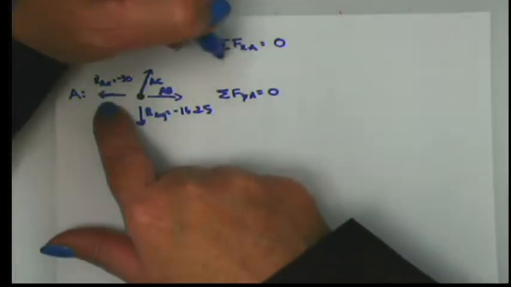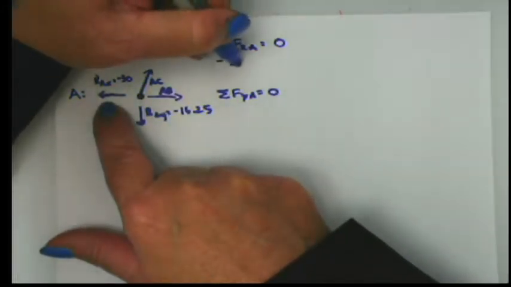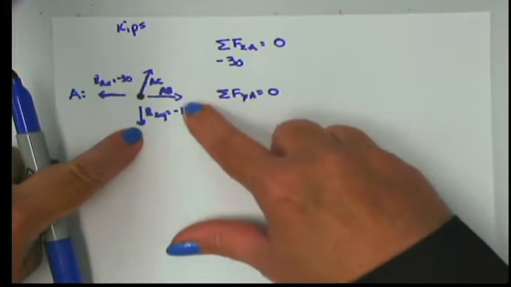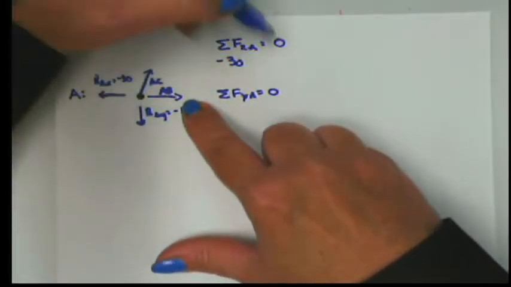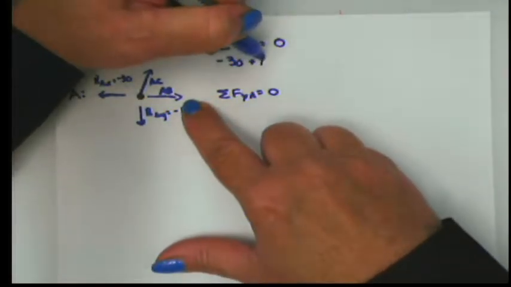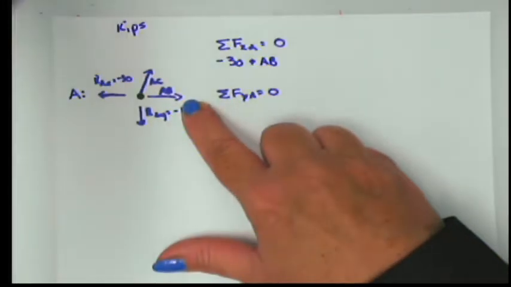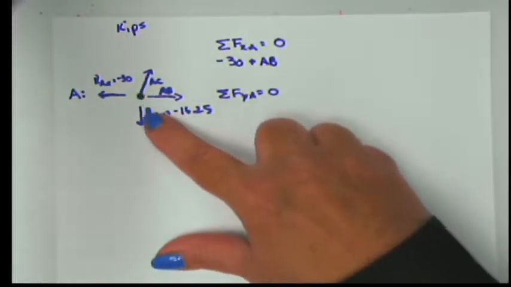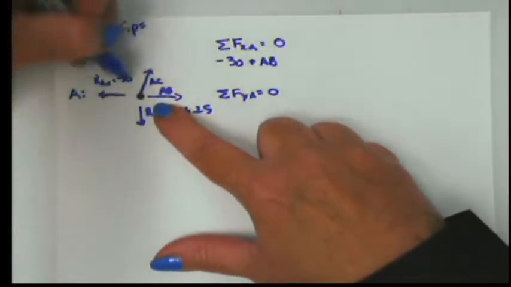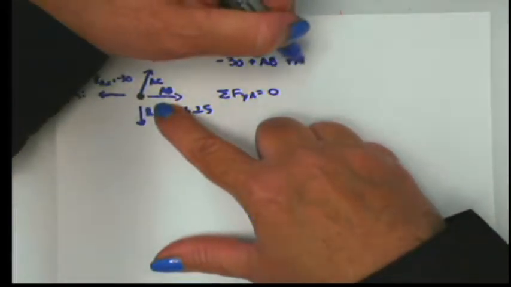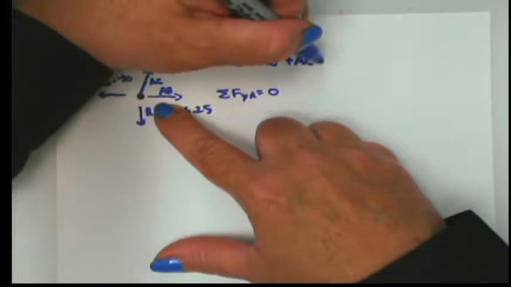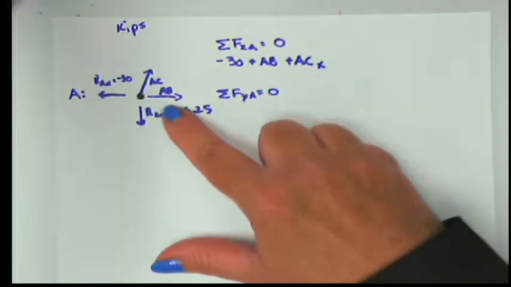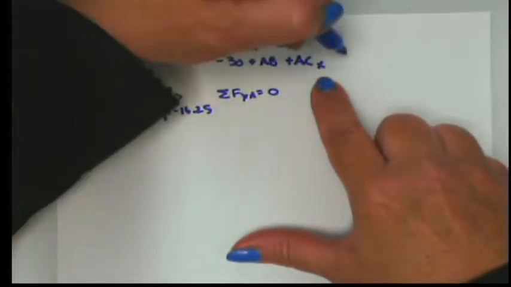In the x direction, I have negative 30 kips, RAY, and AB. AB has an x component. Actually, the entire thing is in the x direction. And AC, part of it, is in the x direction. And the way I have it is positive. So it's AC, not the entire force in AC, but the x component of AC. Those three things added together equals 0.